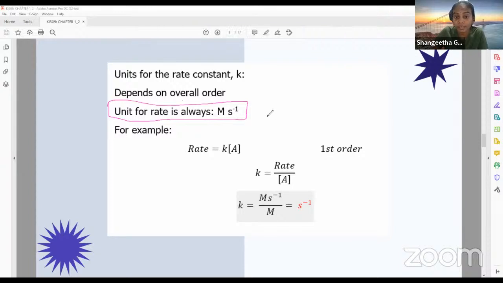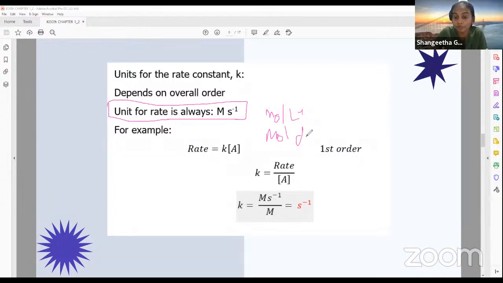But your M can be written as mole per liter, or mole per dm^3, depending on the question or how it is given. It can also be cm^-3 and so on. But the one thing you must always remember is that the rate is always M s^-1. So your rate constant will depend on the overall order of reaction.